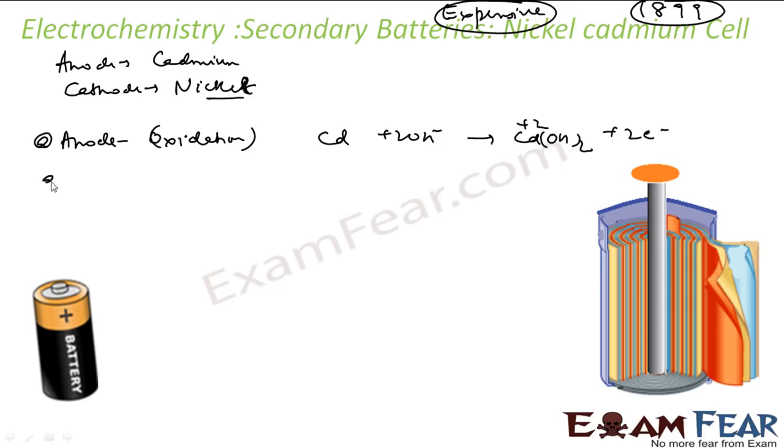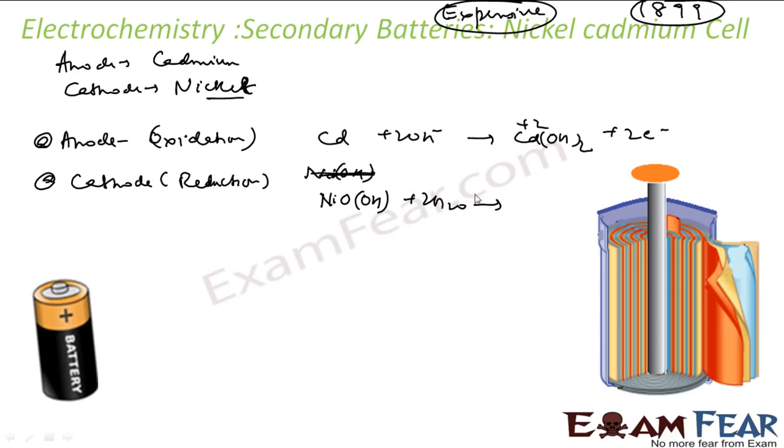If we talk about cathode, reduction happens. Here my nickel compound is NiOOH. This, when it gets 2 molecules of water plus 2 electrons, becomes Ni(OH)2 and 2OH minus.